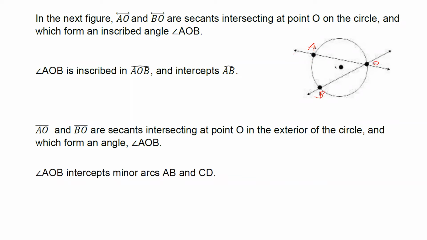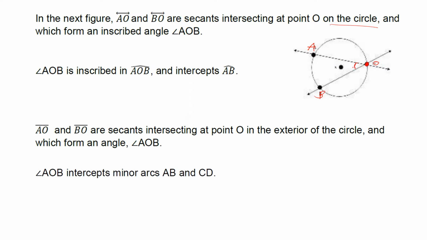So we have here line AO and line BO are secants. The point of intersection is on the circle, meaning nasa circumference. And which form an inscribed angle AOB.